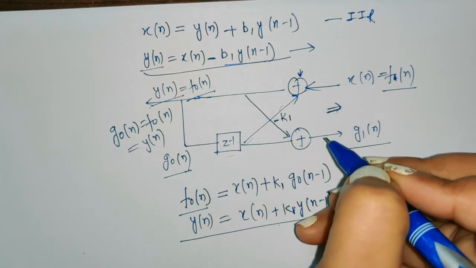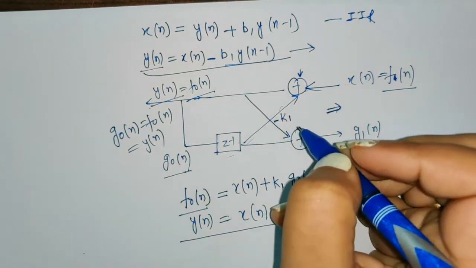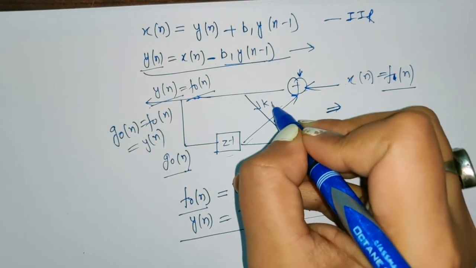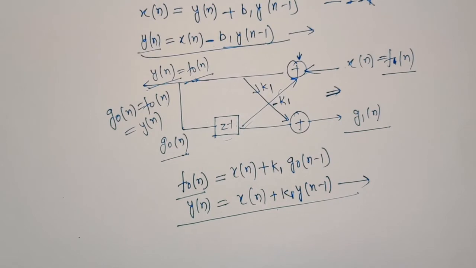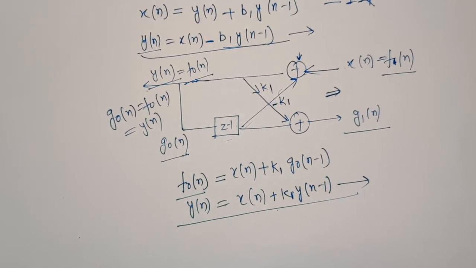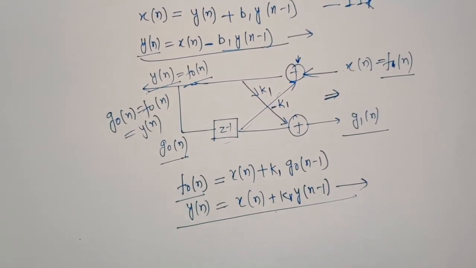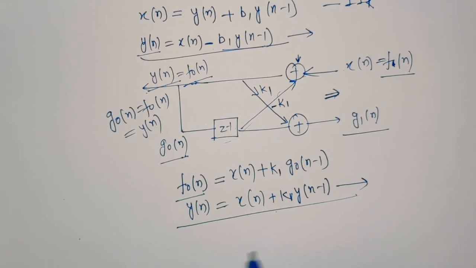So we are going to apply the coefficient minus k1, and this is your k1. So this is your equation. Is this clear?